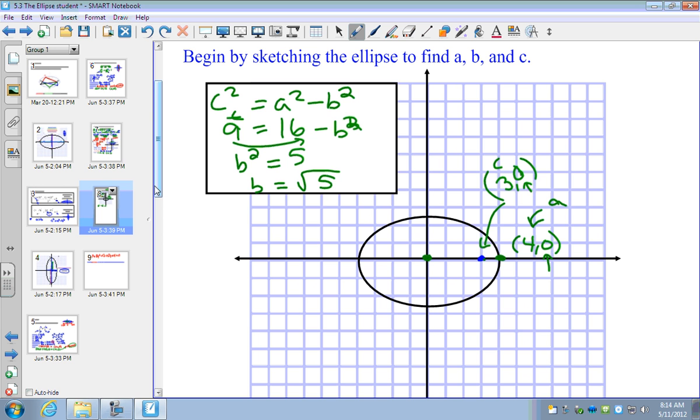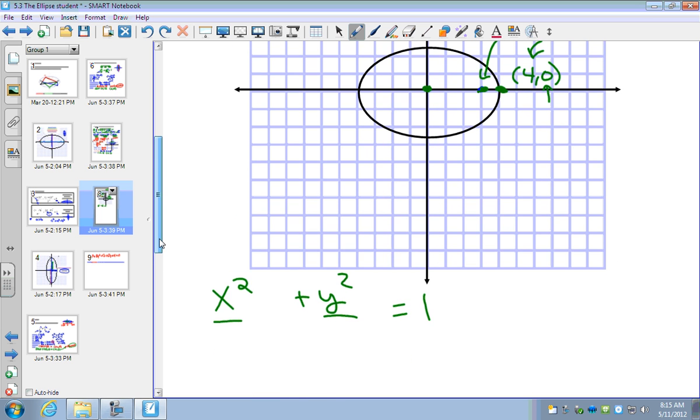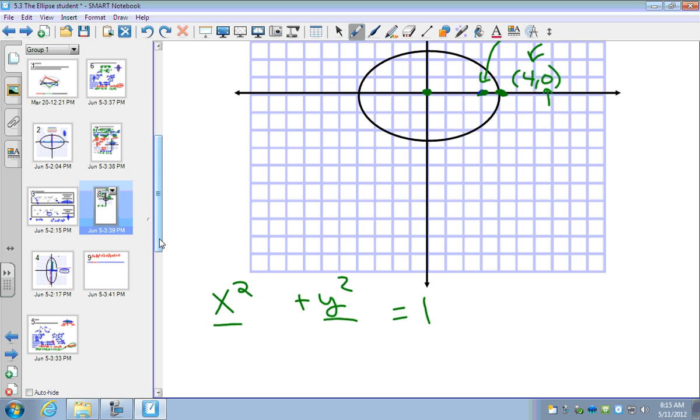I know that because my vertices and my foci were on the x axis. So my bigger number is going to be under x. My a is 4, so a squared is 16. I know that b is going to come under y. My b was root 5, squared is 5.